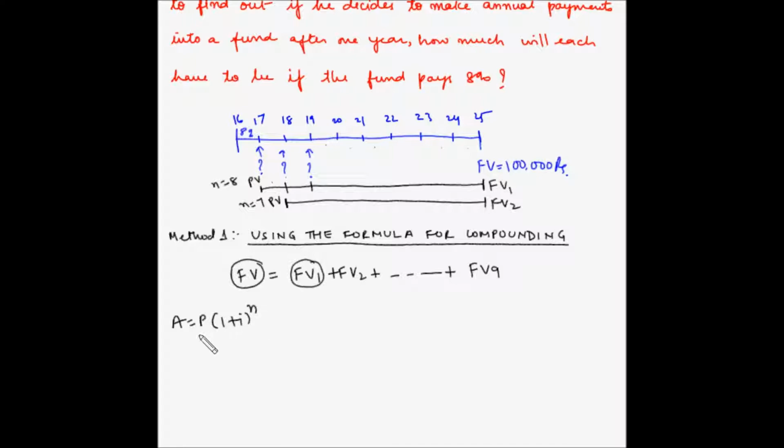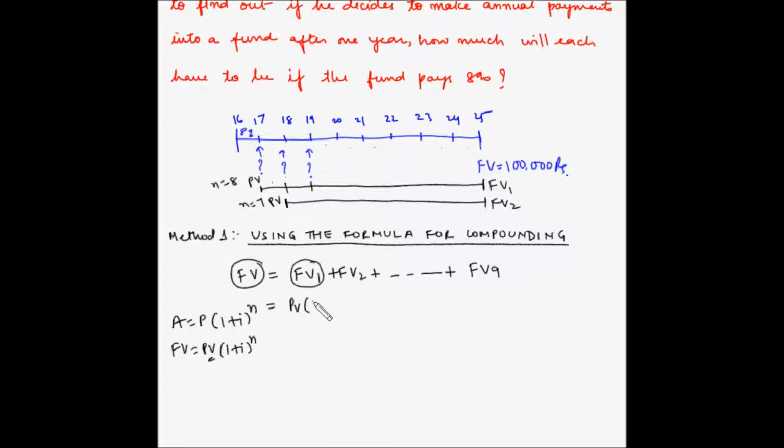Now this can also be written as future value is equal to present value into (1 plus I) to the power n. However, for all the FV1, FV2, FV3 and so on, since the annual payment is the same amount, the PV value is going to be the same.